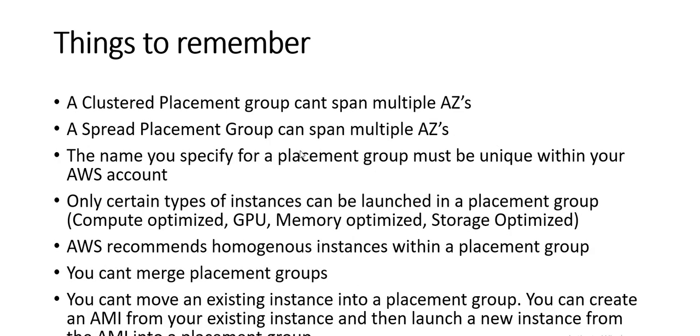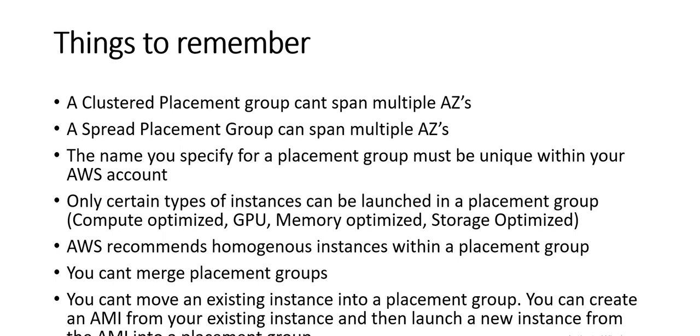A cluster placement group cannot span multiple availability zones. A spread placement group can span multiple availability zones. The name you specify for a placement group must be unique within your AWS account.